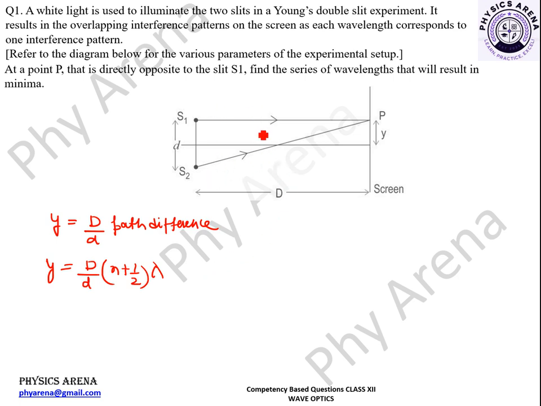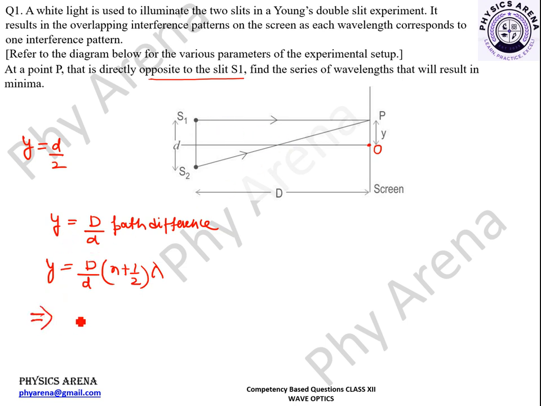And from this figure, I can obtain that this y is equal to small d by 2, because this total distance is d and this point is the midpoint O. So y has to be half of the distance between the slits. And it is given also that point P is directly opposite to the slit S1. So now I can replace this y with small d by 2.